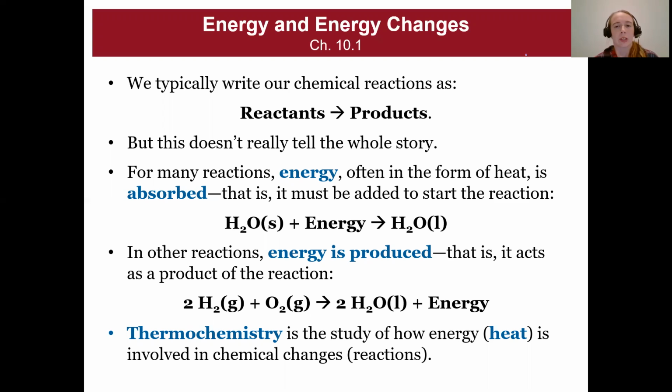So if energy is absorbed for the reaction, that means energy has to be added for the reaction to even start. So energy acts like a reactant in that case. So this example of solid water, otherwise known as ice, melting to turn into liquid water requires energy.